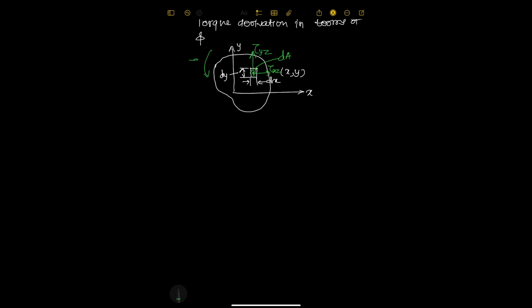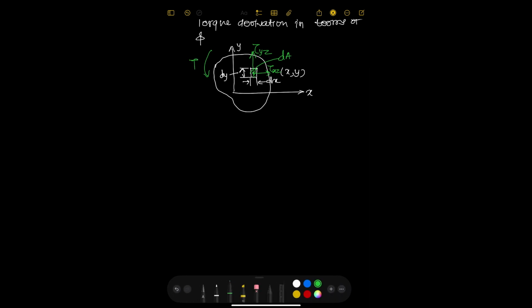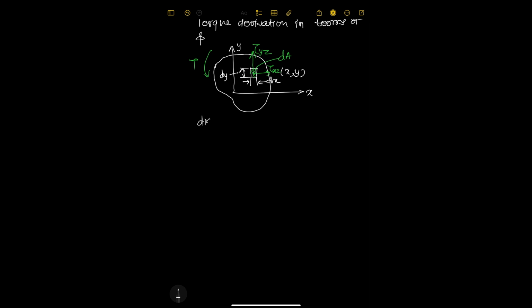So when we apply the torque T, the resistance dM is generated in the cross section, and we take this moment around this center O. What we can write is tau yz into dA, which is the force, into lever arm in the x direction, so into x.